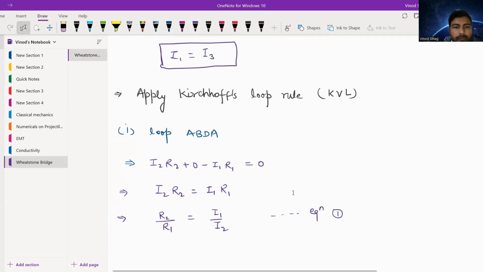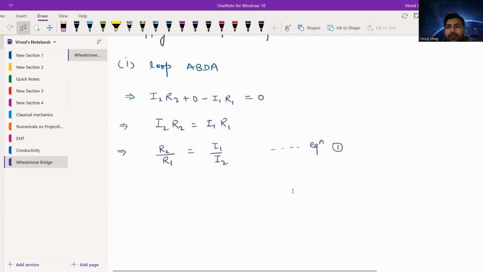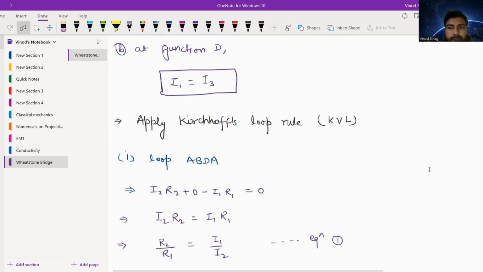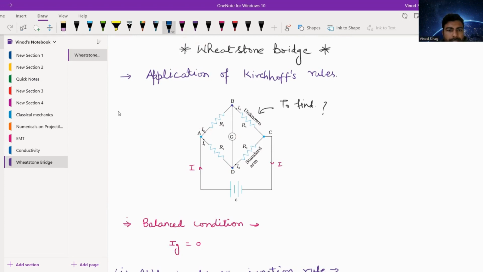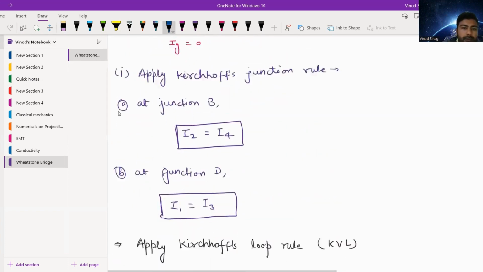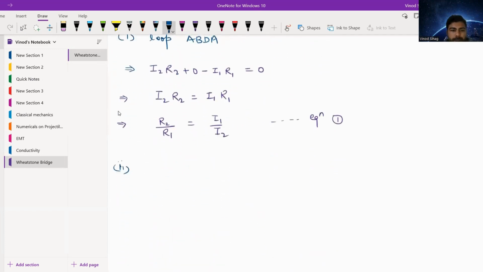Now we are going to apply Kirchhoff's loop rule in the other loop which is remaining. So the second loop is the left one, this one. The loop I am going to take is BCDB.